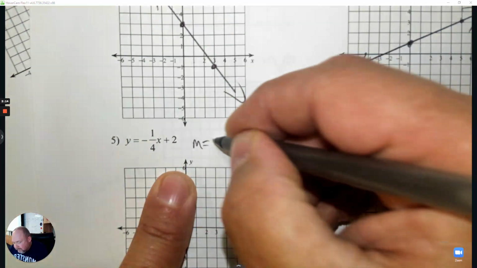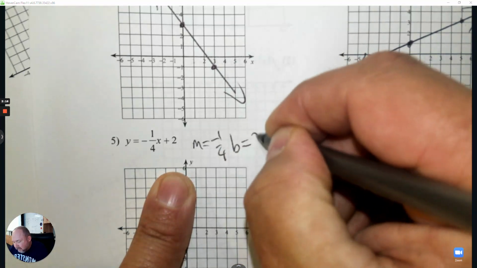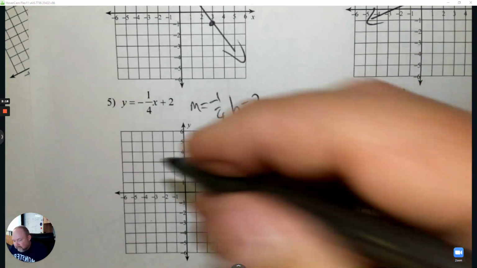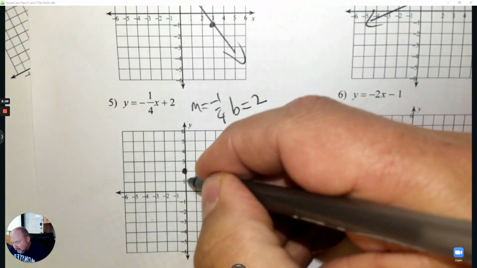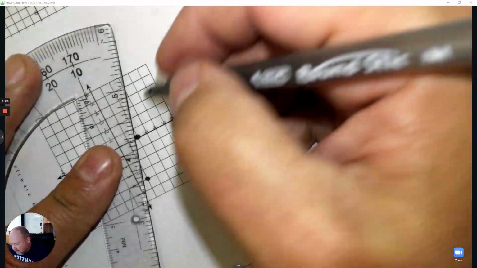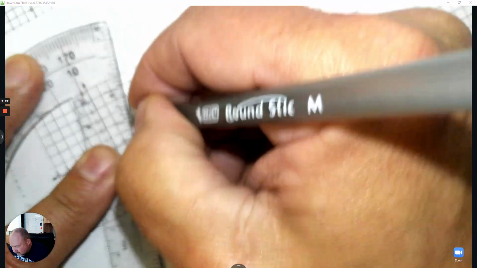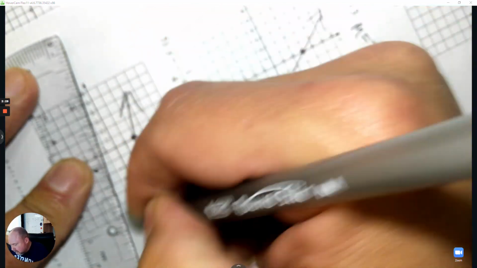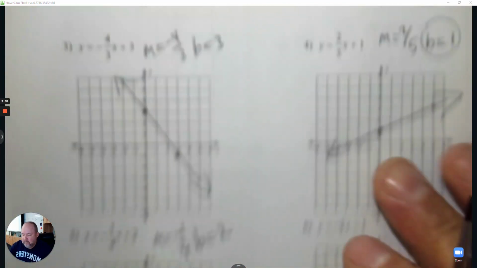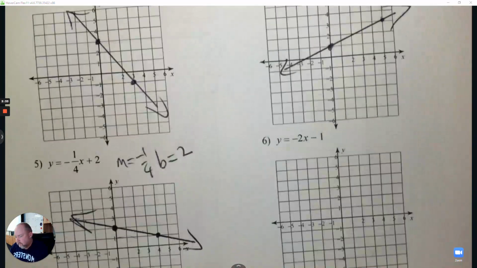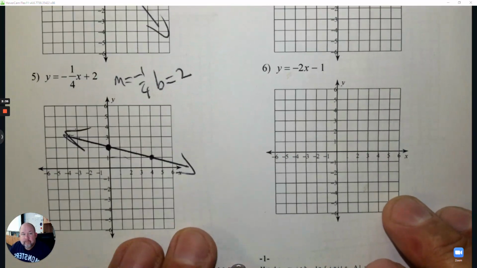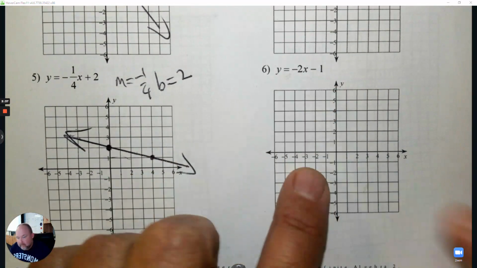The slope is -1 over 4. The y-intercept's 2. I want to graph this, so I start at 2, and I go down 1 and to the right 4, and draw my line. Again, the slope.